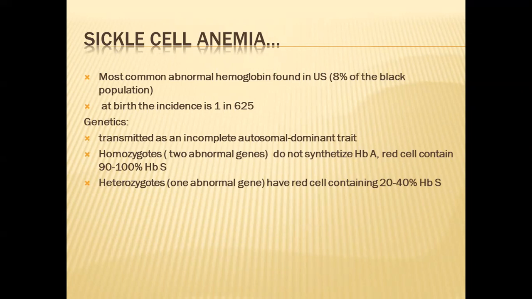Heterozygotes, in which there is one abnormal gene, the red cells contain only 20 to 40% of the sickle cell hemoglobin.